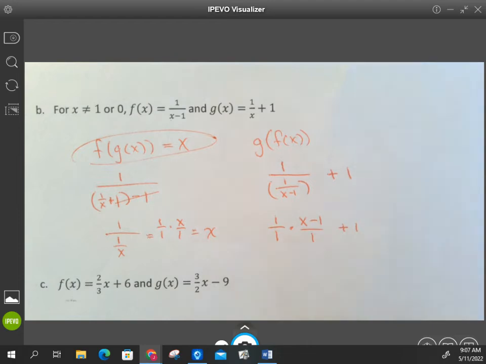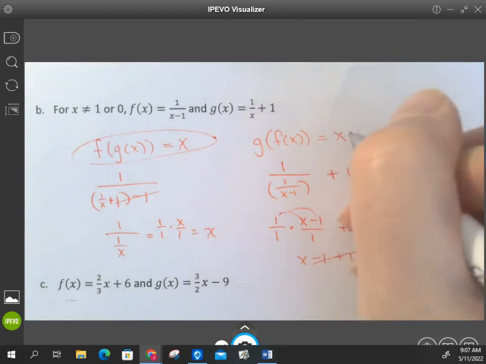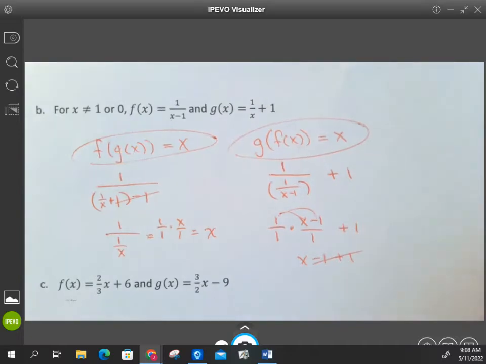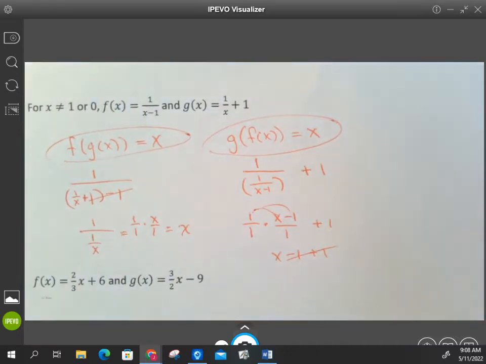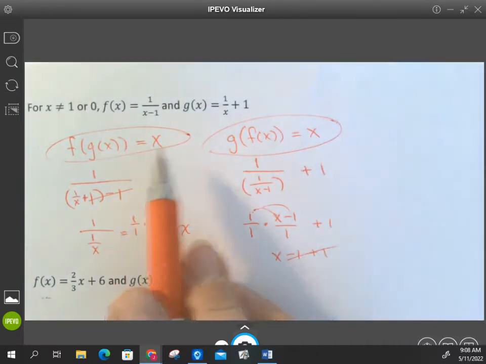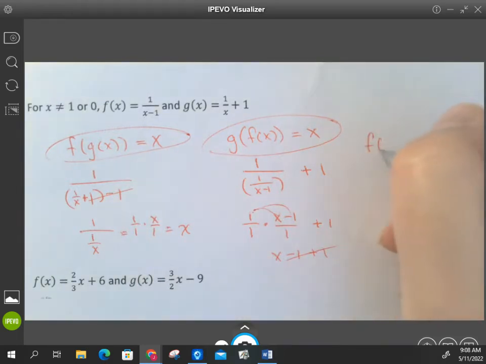Okay, well, when I distribute this 1, don't I just get x minus 1 over 1 and then plus 1? That cancels, and again, I just get x. So do you see that both ways that I do the composition, I get x out? So that means that f of x and g of x are inverses.